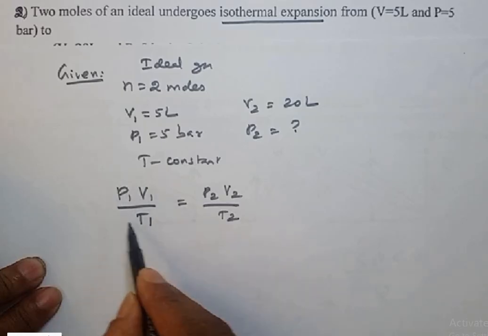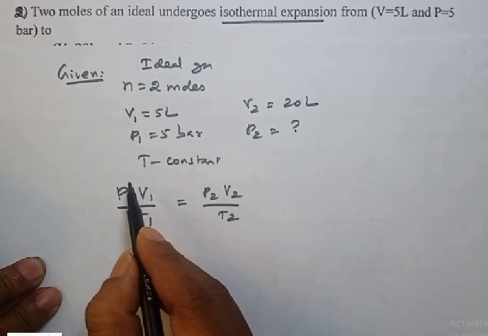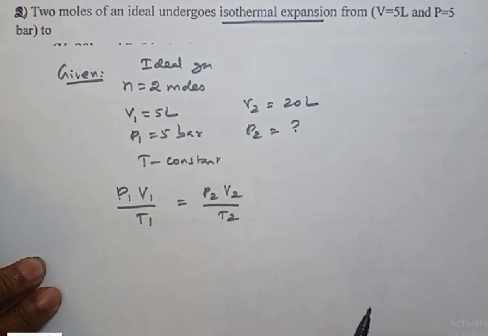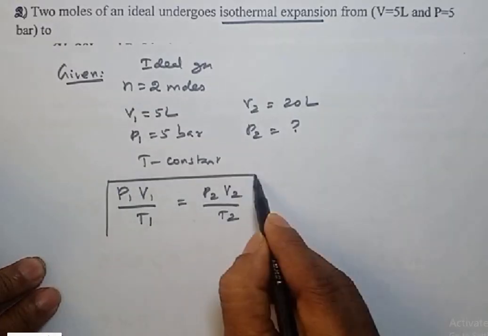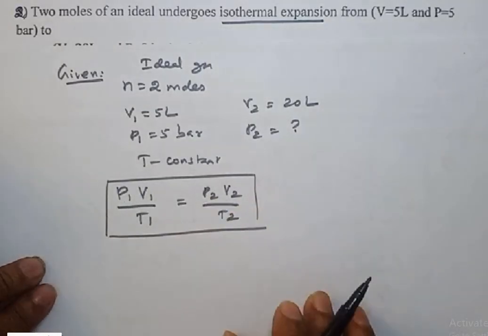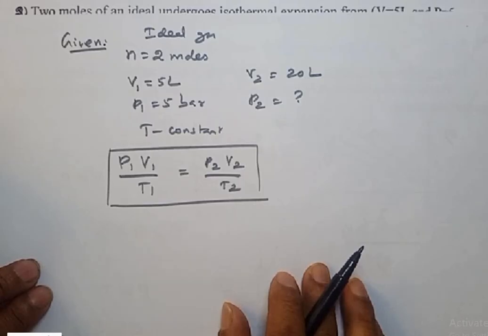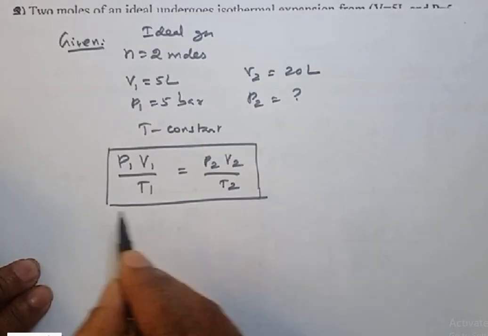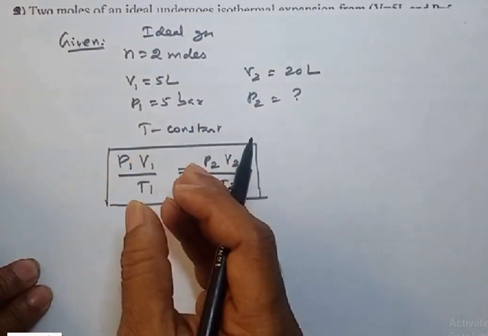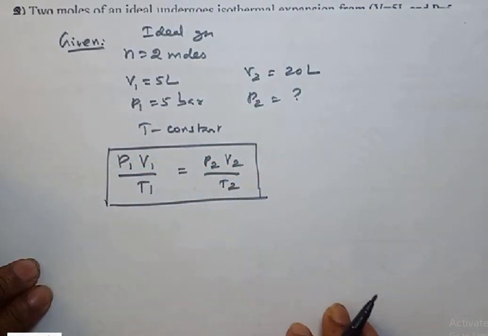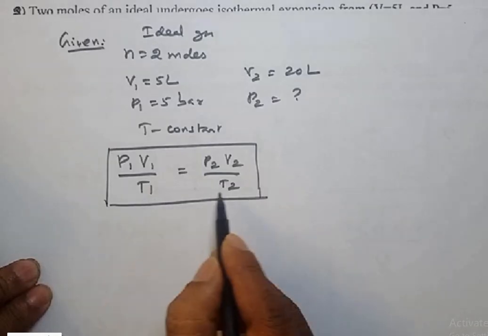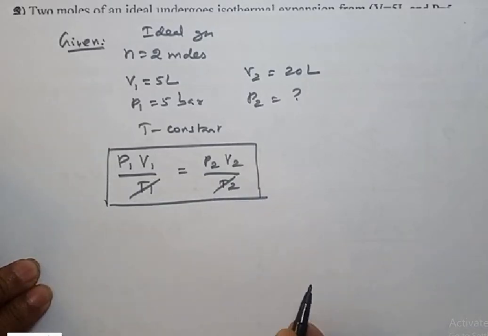This is at state 1, this is at state 2, or before expansion, after expansion. Since there is no leakage of gas, number of moles remains constant. This is an important relation which relates 2 states of same amount of ideal gas. Now, since it is isothermal, temperature is same, so T1, T2 are equal, I can cancel.